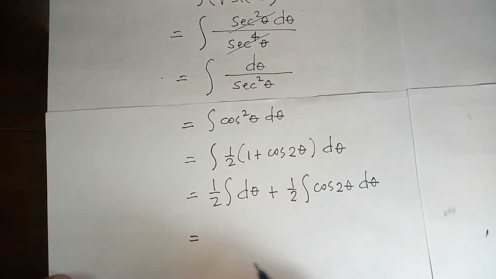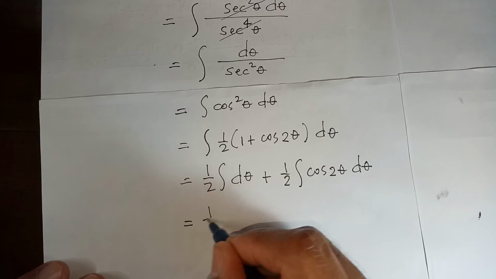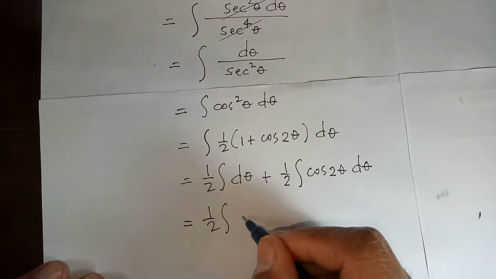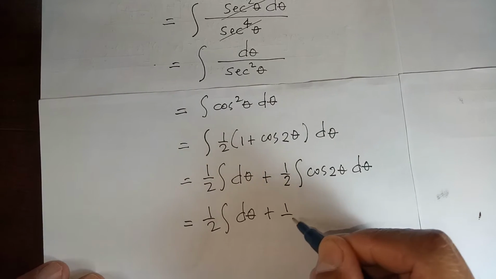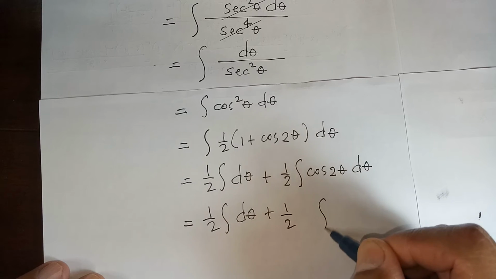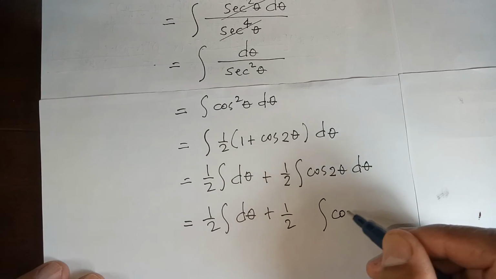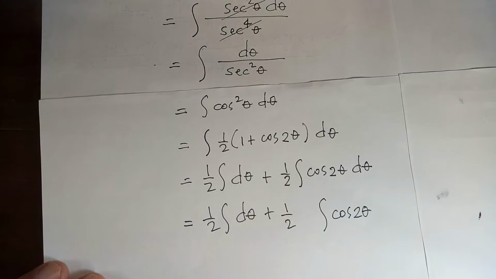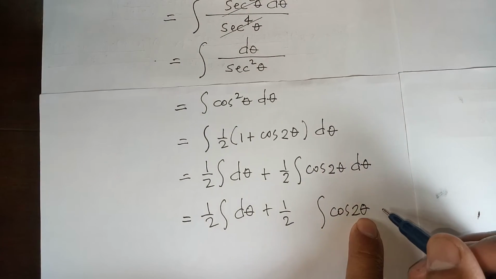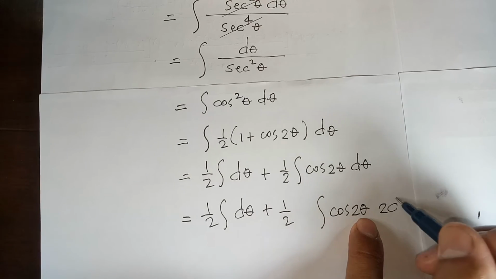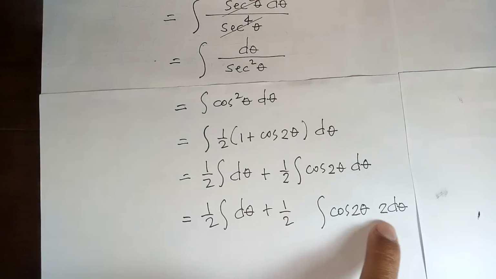So, we'll have 1/2 integral of d theta plus 1/2 integral of cosine 2 theta. So, I repeat, ang derivative ng 2 theta ay 2 d theta. Okay.